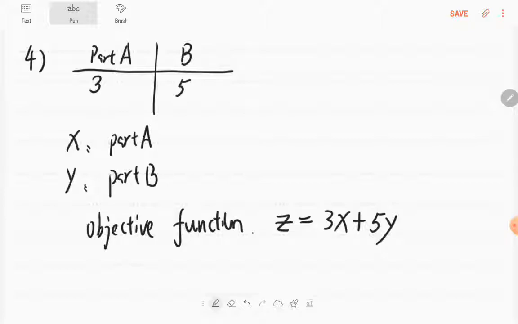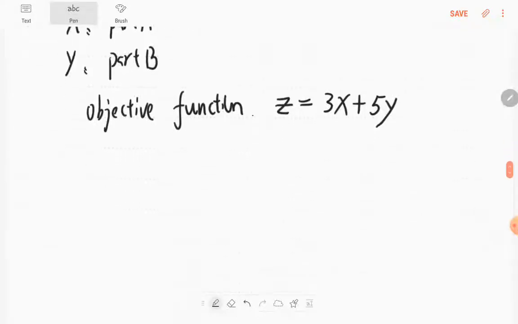The next one, number 5. To make some extra money, you mix 2 types of picture frame, type A and type B. The initial expense is $75.